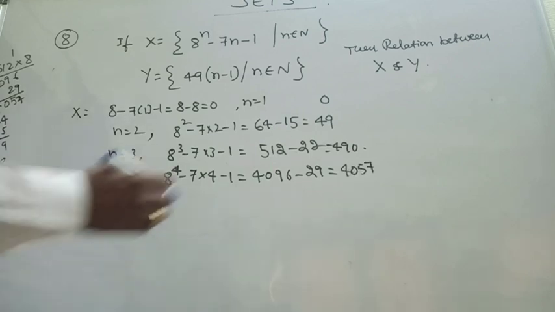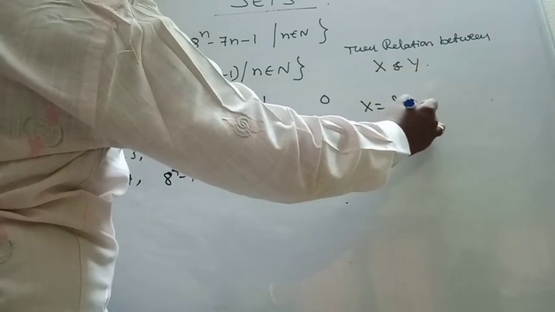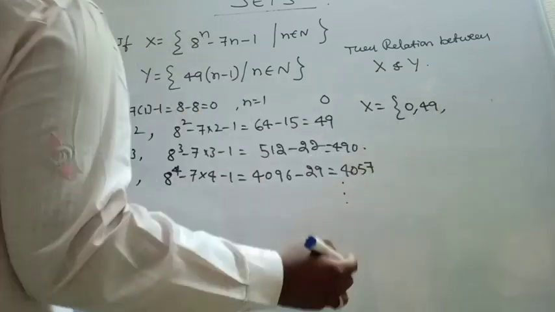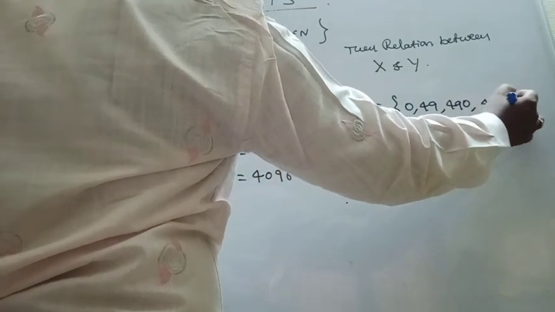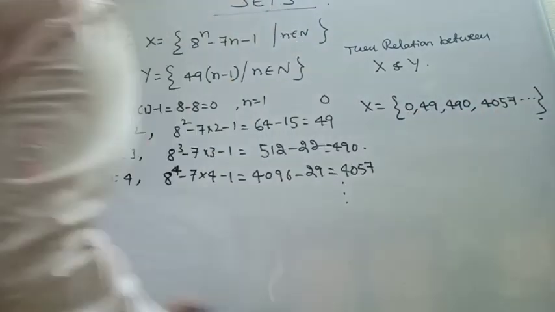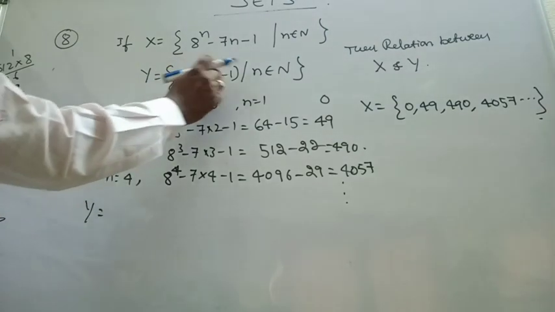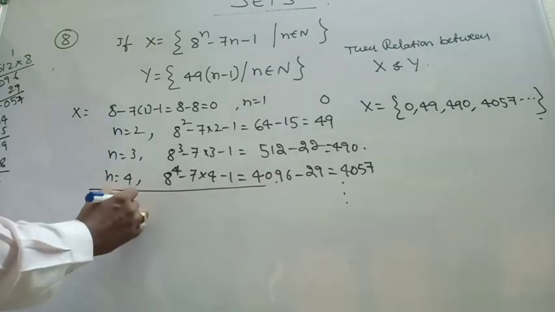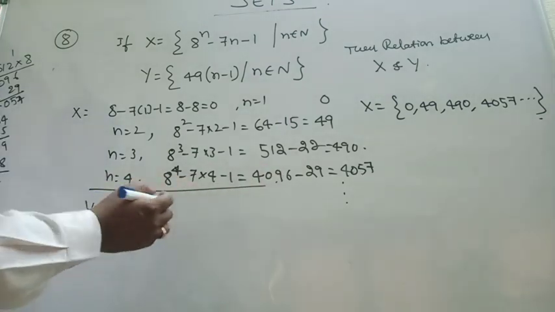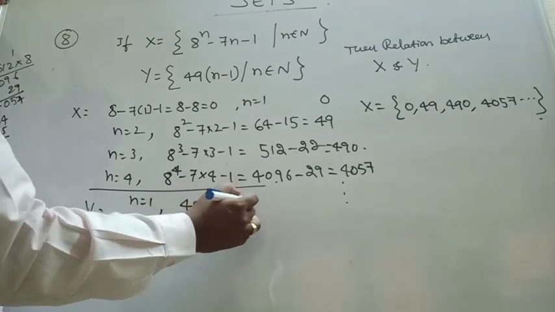Now see, my dear students, for x we have the elements 0, 49, 490, 4067, and so on. And let us take the elements of y. Y is 49 times (n minus 1). If I take n equal to 1, I get 49 into 0, that is 0.